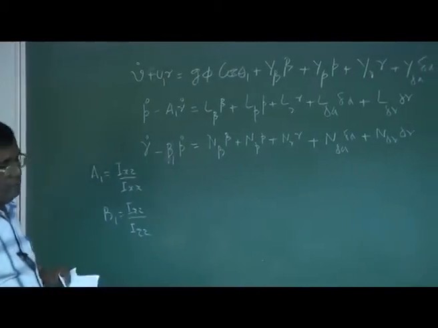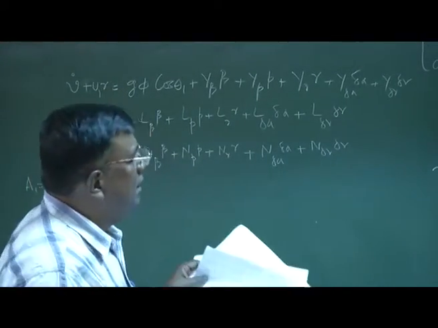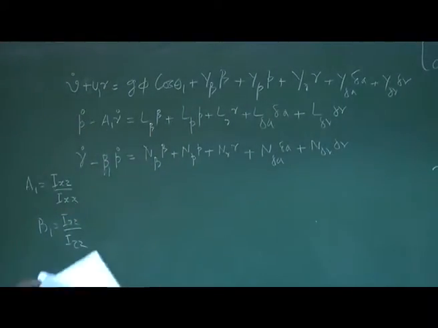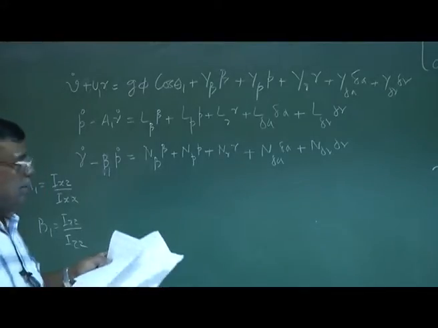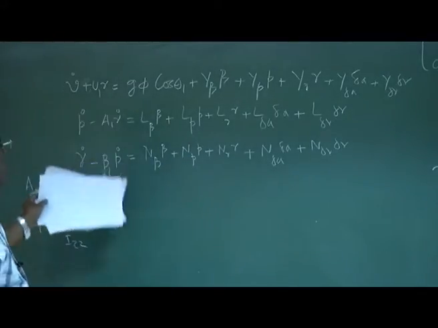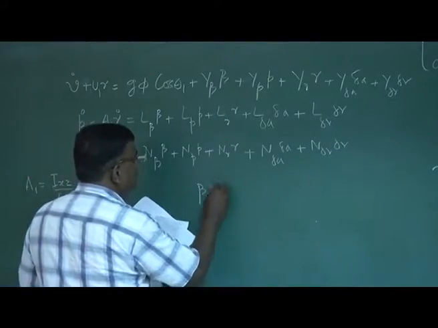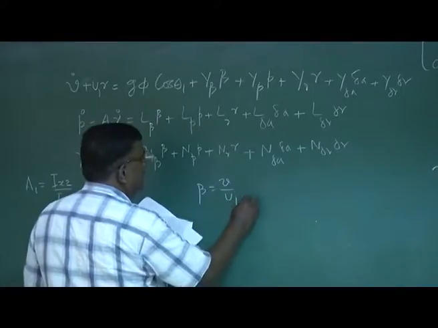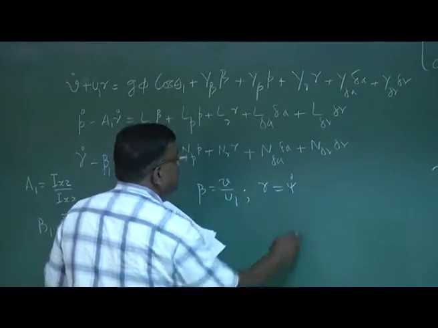These are a matter of doing it on a piece of paper, but as I told you, this is my last lecture, and I just want to give you a glimpse of the lateral directional approach. You could see that it is a similar thing as we did for the longitudinal case. So what was the next step? Next step, we take Laplace transform everywhere, all the three equations. And also remember that beta is v by u1, and also remember r is equal to psi dot.